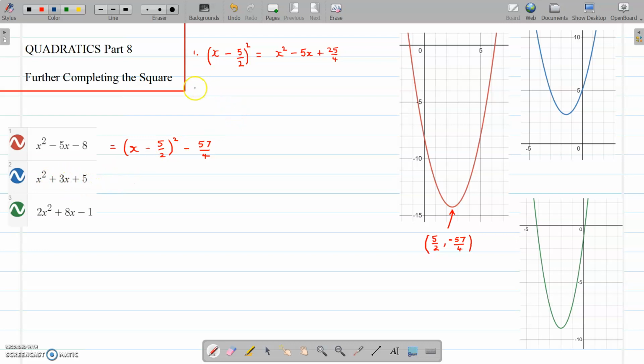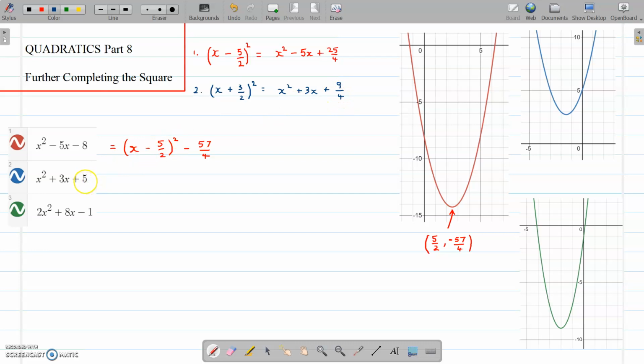So what do we do here? What I'm considering is x plus 3/2, in other words x plus 1.5, all squared. I know that's going to give me x squared plus 3x, and it's going to give me a residue of 9/4, because when I square the 3/2, I get 9/4. But I don't want 9/4.